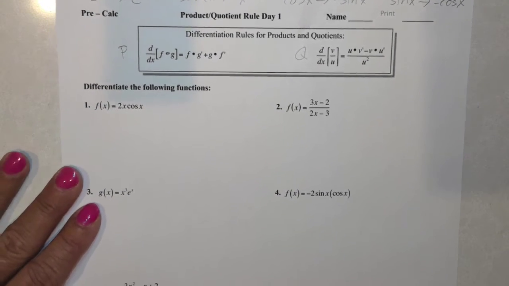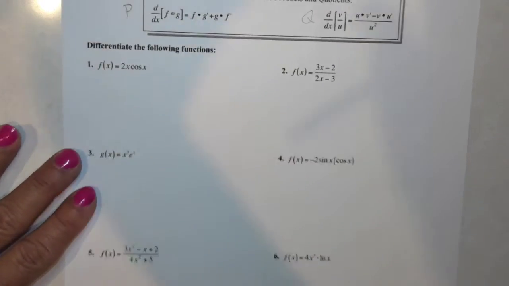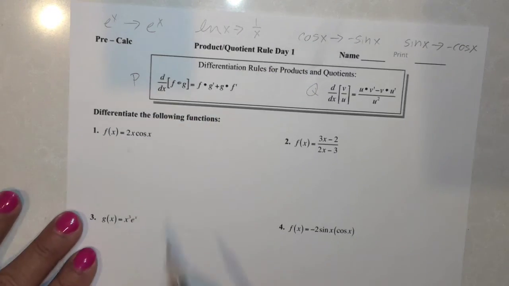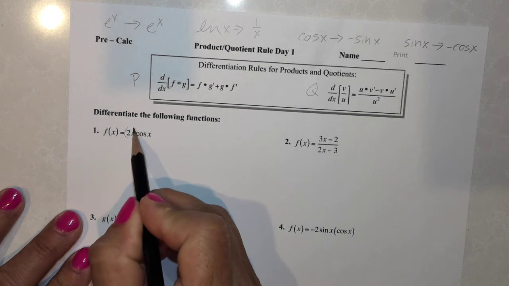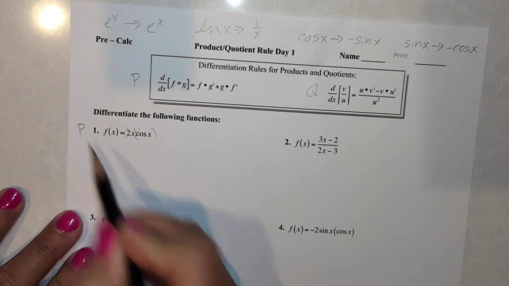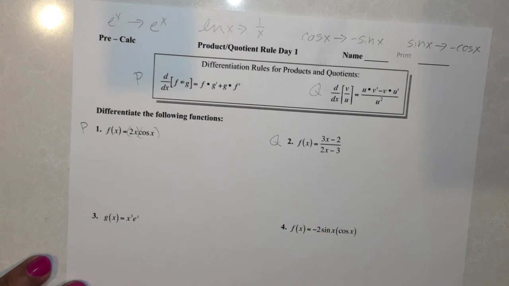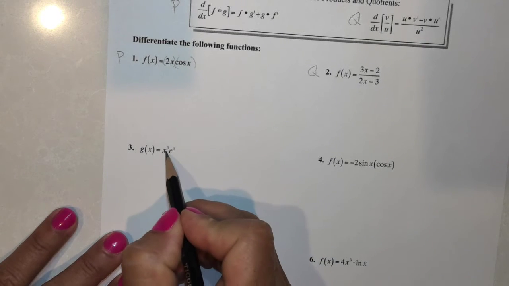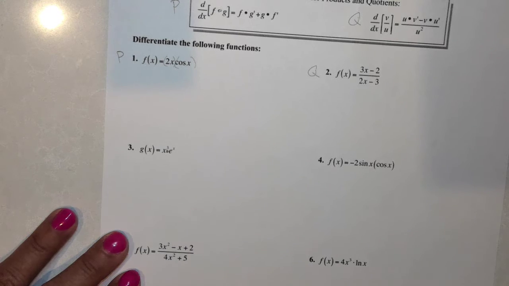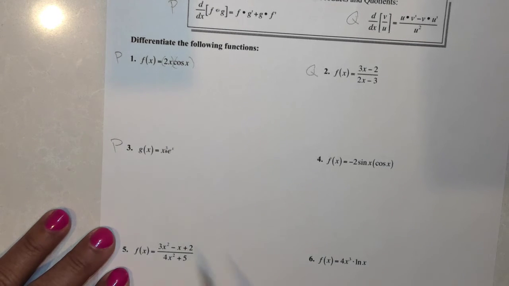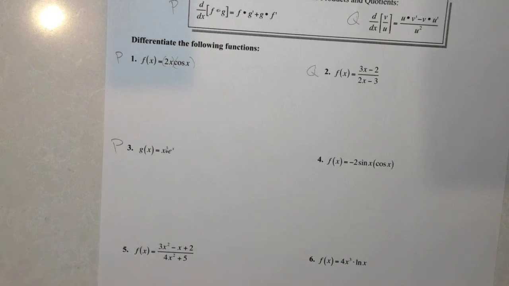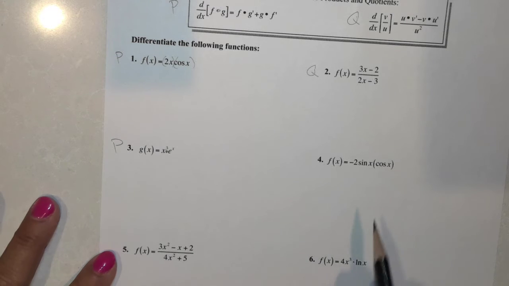And what I would do if I was working on this worksheet is I would look and say, okay, this one is 2x times cosine, so that's going to use the product rule. This one's a fraction, so that will use the quotient rule. This one is x cubed times e to the x, so that's product. A lot of times I'll do a big dot or parentheses to help me separate out the two parts in a product rule.